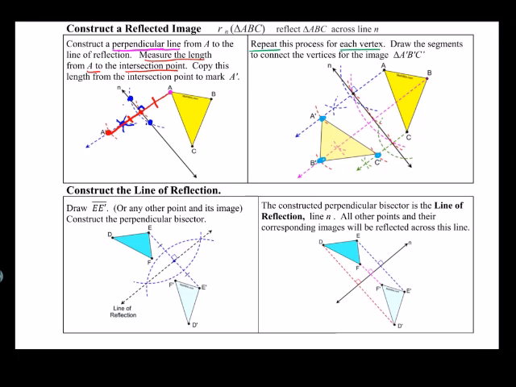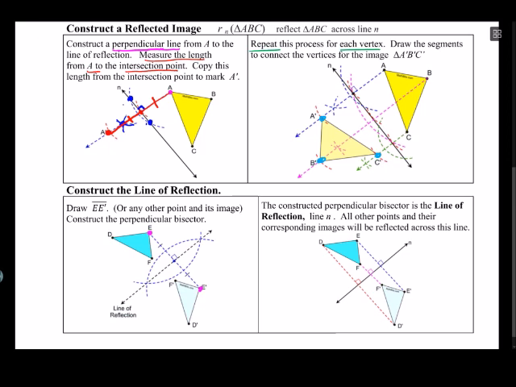Our next construction is to find the line of reflection. This one's a little bit easier. A few less steps. Not necessarily easier, just a few less steps. So we know that our image and pre-image points are equidistant from the line of reflection.